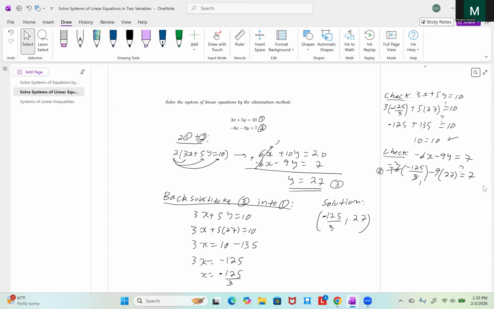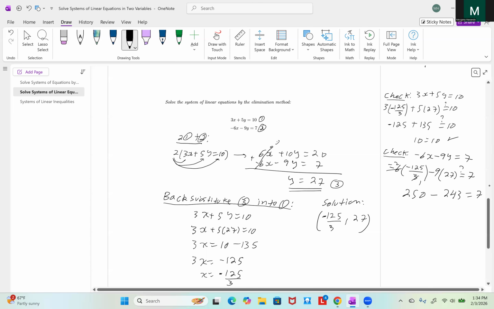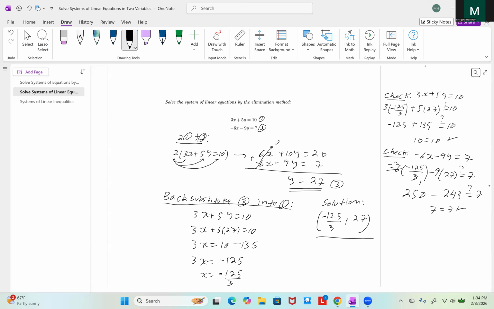Negative 125 times negative 2 is 250. 250 minus 9 times 27, which is 243, is equal to 7, question mark. So this difference here is 7. So it's checked, and this is a solution.